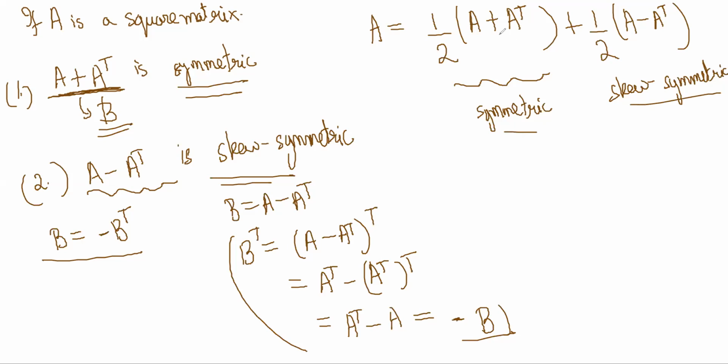Here obviously A transpose and all gets cancelled, so you don't have to worry about that. This is an identity, and now you have shown that A plus A transpose is a symmetric matrix and A minus A transpose is a skew symmetric matrix. So any matrix can be written as the sum of a symmetric plus a skew symmetric matrix.